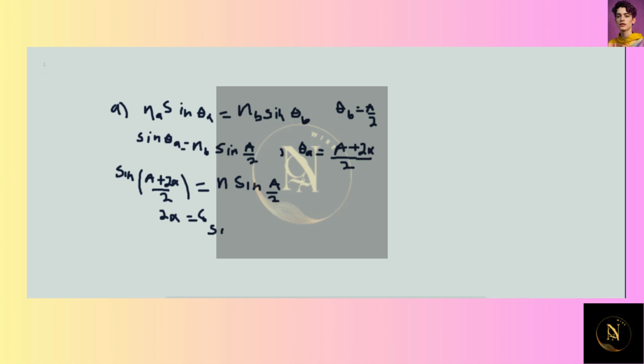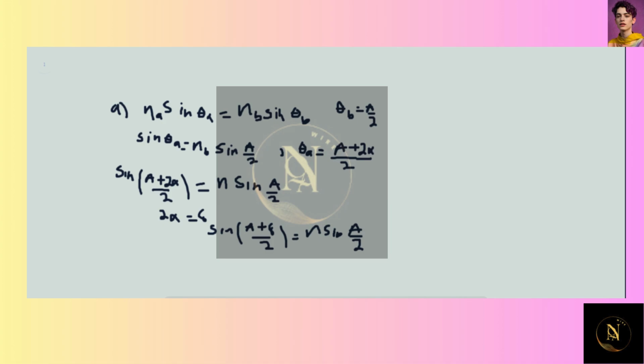The above equation will become sine A plus delta over 2 is equal to n sine A over 2. Hence it is proved that sine A plus delta over 2 is equal to n times sine A over 2.